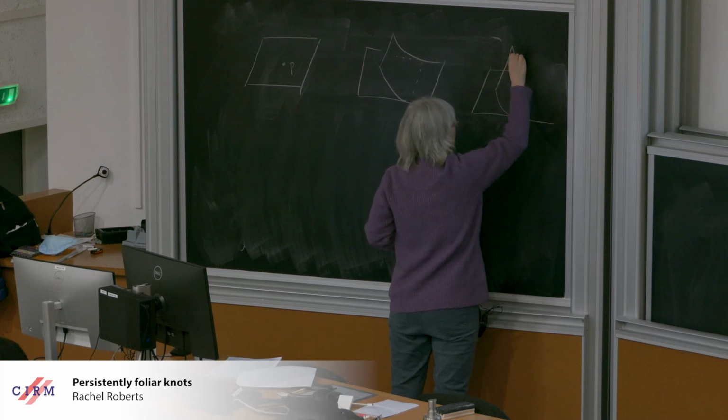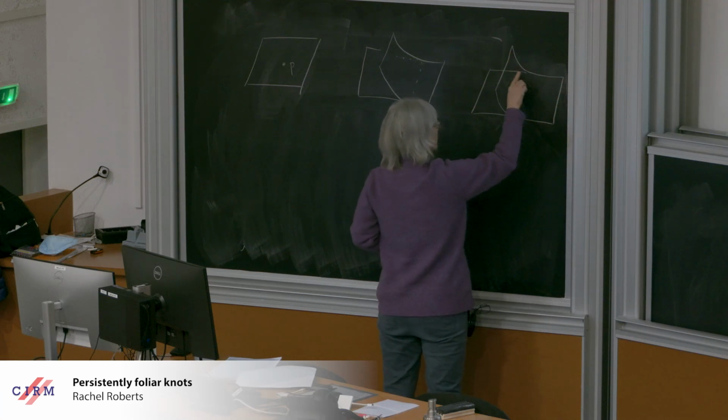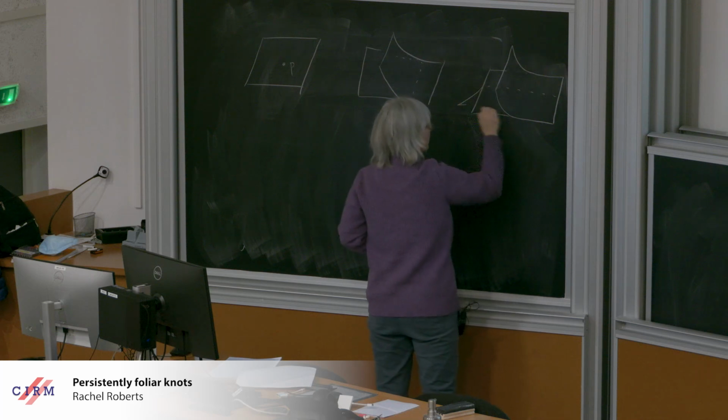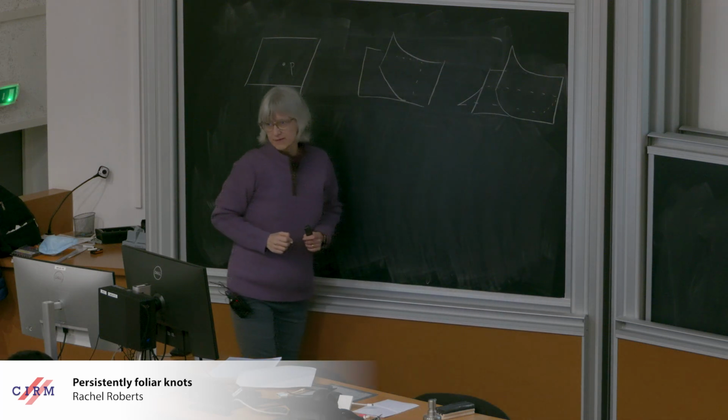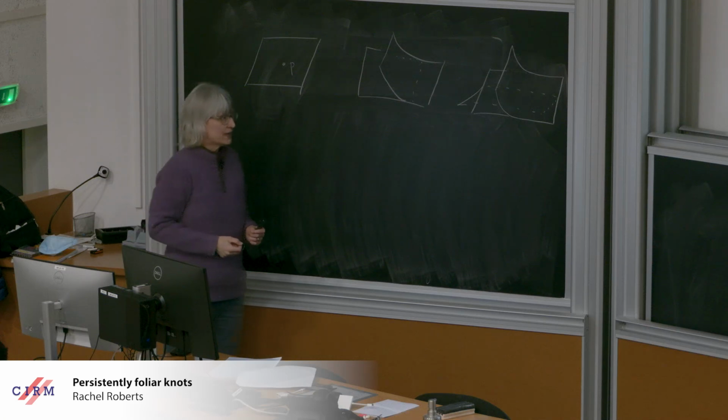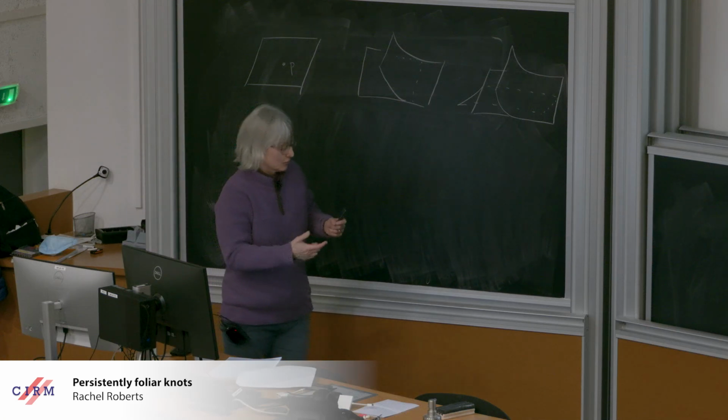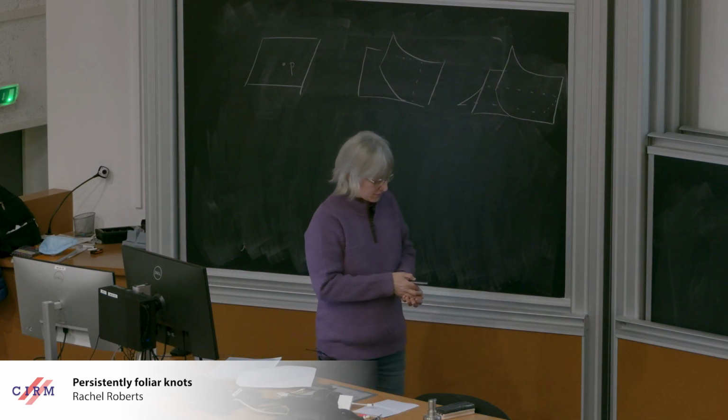So we can think about these surfaces that are the leaves of my foliation, which tend to be non-compact. And so we would like a compact object that lets us grab hold of the leaves in some reasonable way.